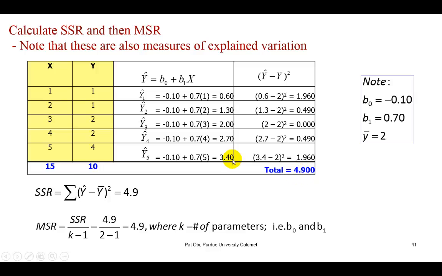And this 4.9, that is your SSR, your sum of squares regression, divided by the degrees of freedom, k minus 1. For the mean square regression, k is 2 always, which is the same thing as 1. So 1 divided into 4.9 is 4.9. So in a simple linear regression, you're going to find that sum of squares regression and mean square regression are going to be identical for the most part.